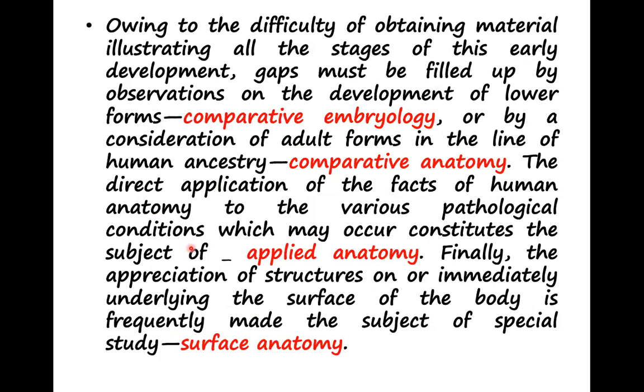For example, we compare the lung of a human with the lung of a rabbit or a rat, because these animals are usually used for experimental studies. When they want to do experiments, they usually do them on animals or species that are close to the human in a certain system. Either we experiment for a vaccine or for a drug or for a further study. So this is called comparative anatomy.